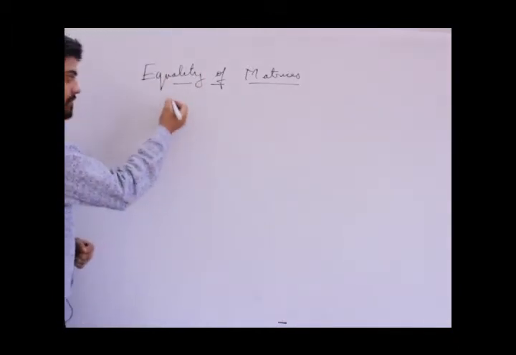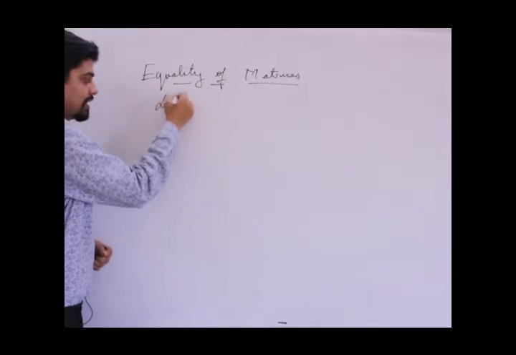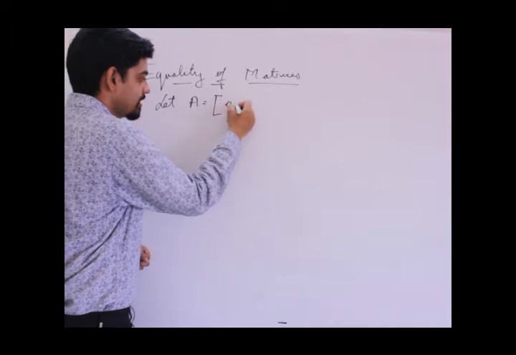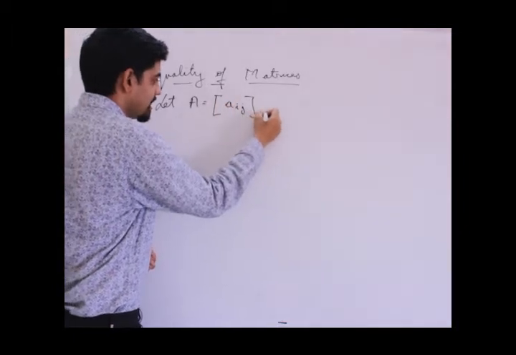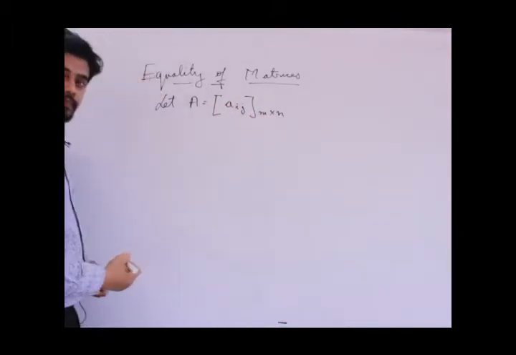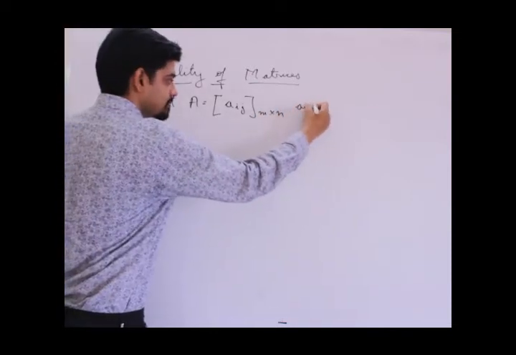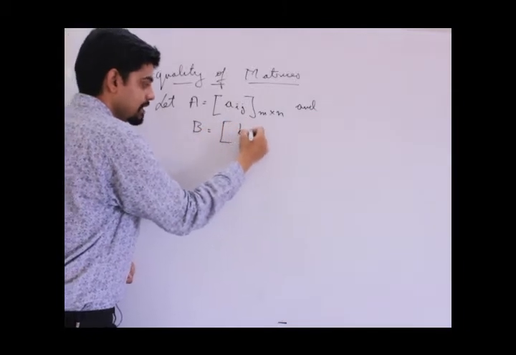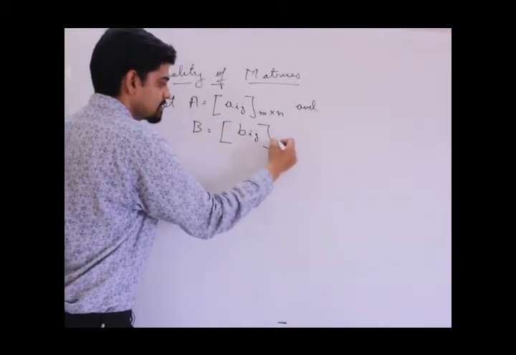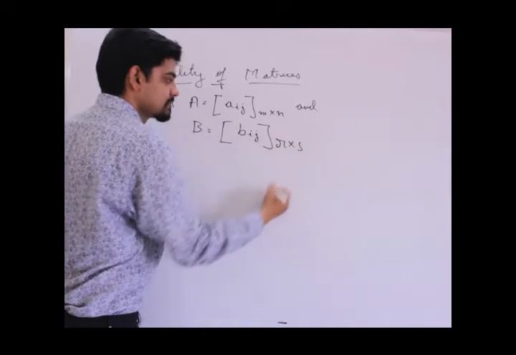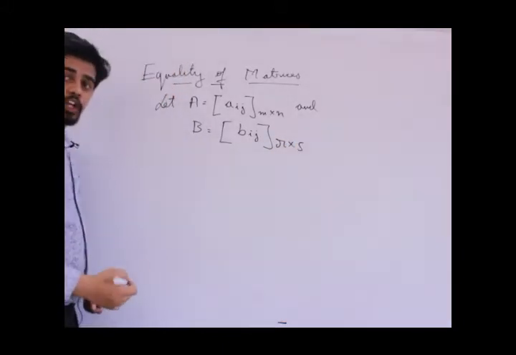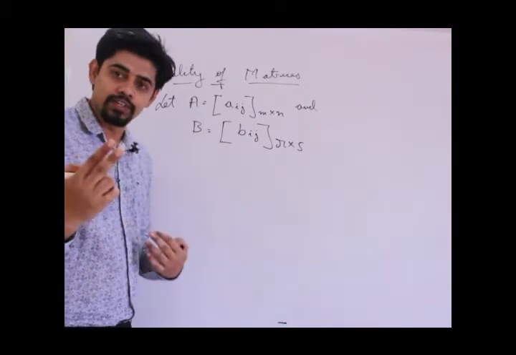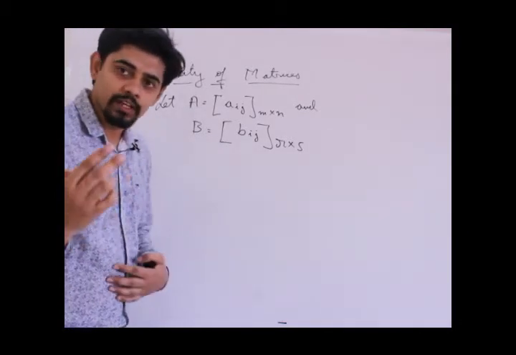Sharma for the full. So let A be a matrix. It will be written like Aij, which is an M into N matrix, and B is a matrix Bij, that is R into S. So majorly there are two conditions for two matrices to be equal.